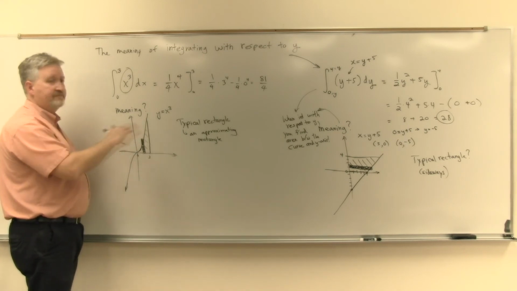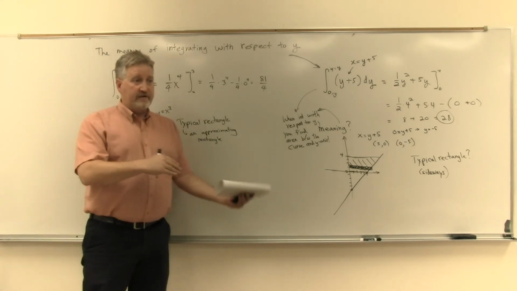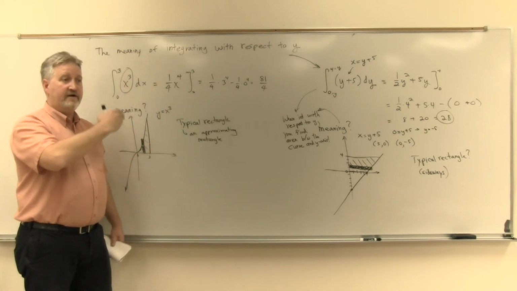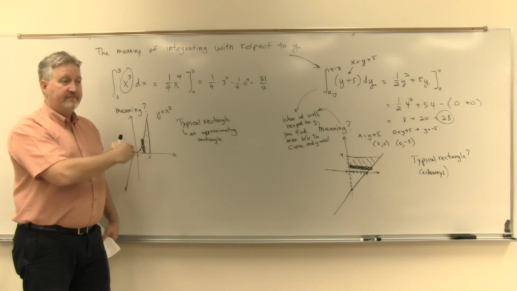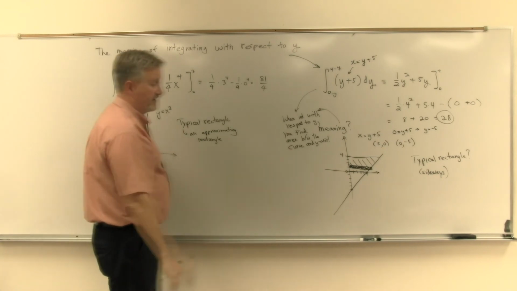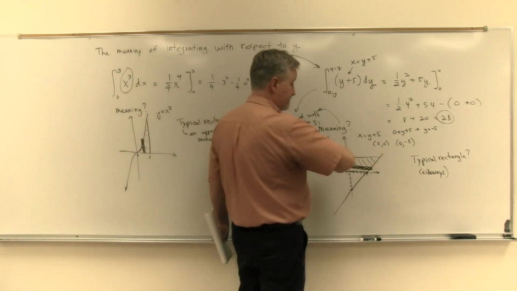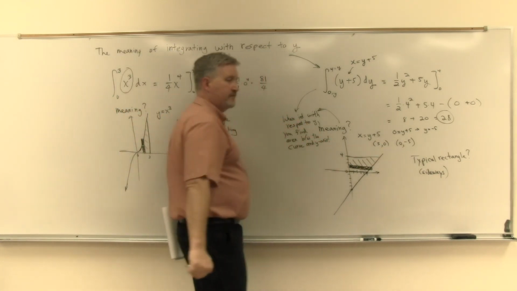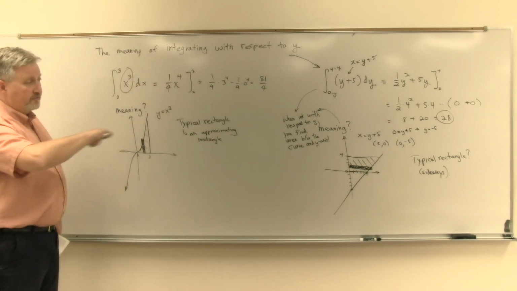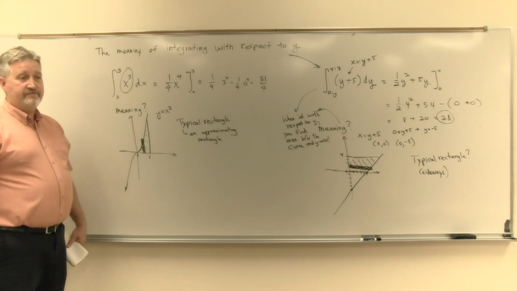Because sometimes it won't tell us to integrate with respect to y or x, and this is how we're going to decide. We're going to draw in a rectangle. We're going to say, well, it's going to be easier to do the rectangles like this, and so that's going to tell me to integrate with respect to x. Or it's going to be easier to do the rectangles like this, and so that's integrate with respect to y.